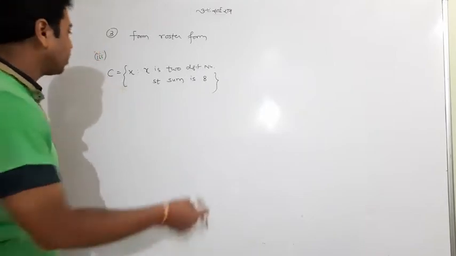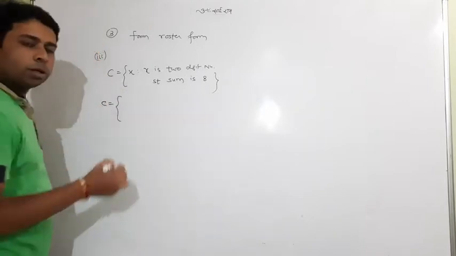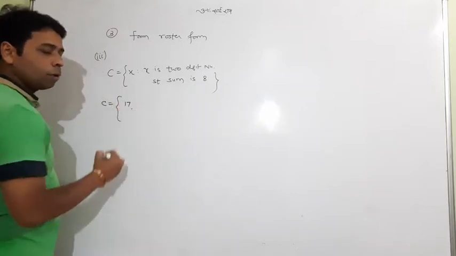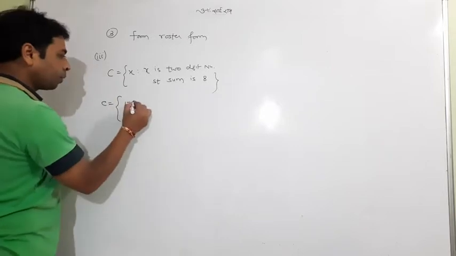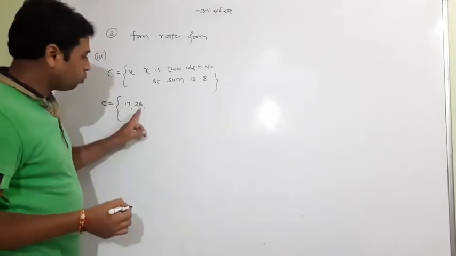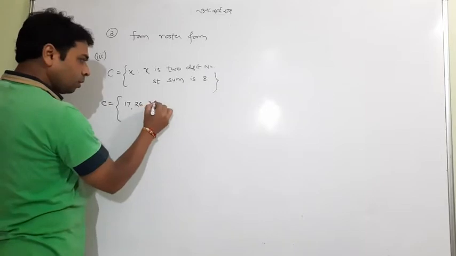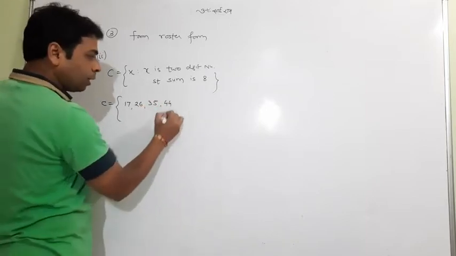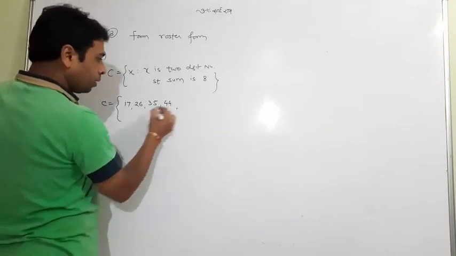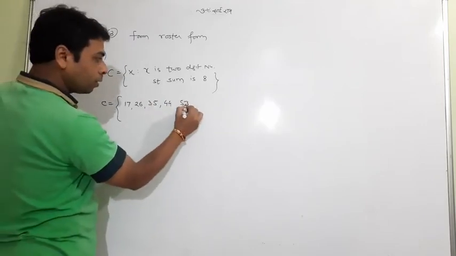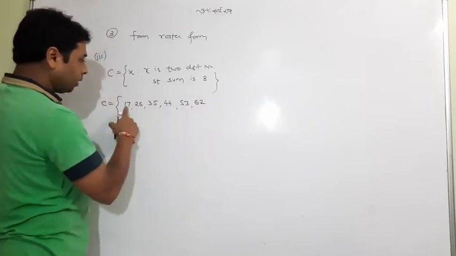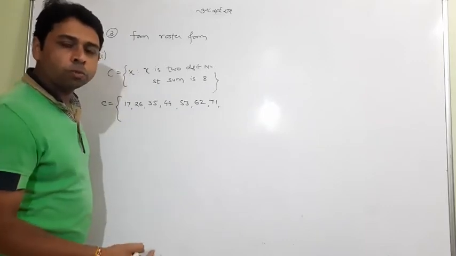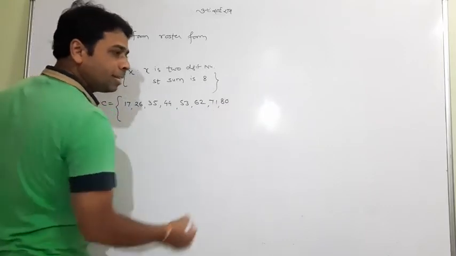Definitely it will come from 1 and 7, 17; 2 and 6, 26; 3 and 5, 35; 4 and 4, 44; then just the opposite of 35 is 53, then 62, then 71, and one thing which students normally drop is 80.